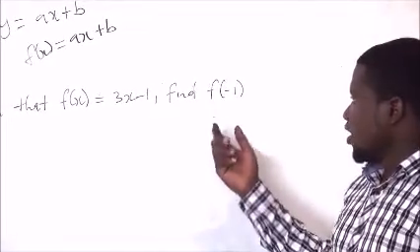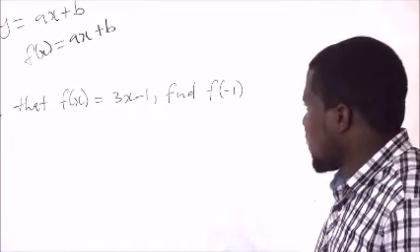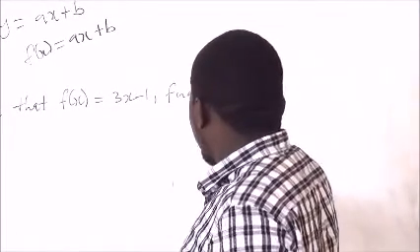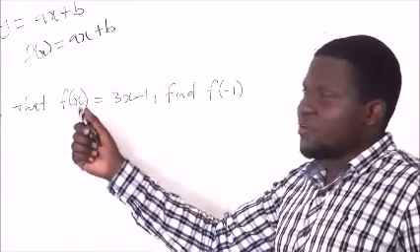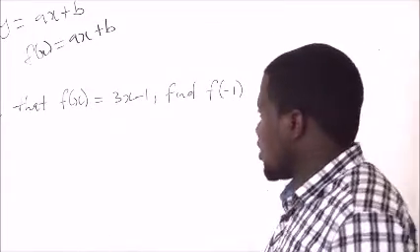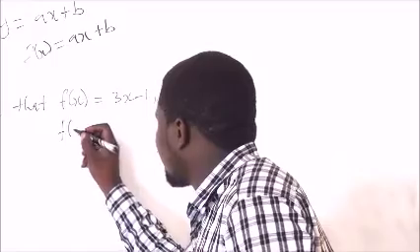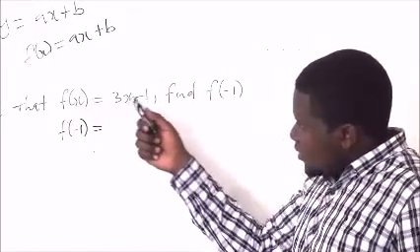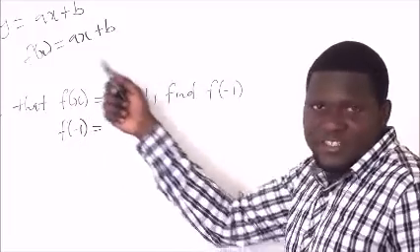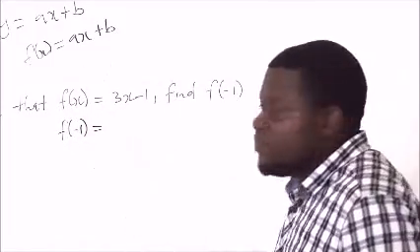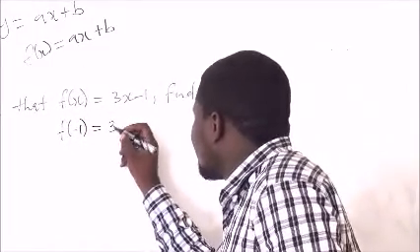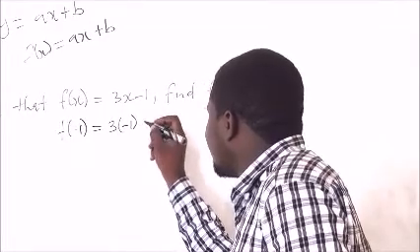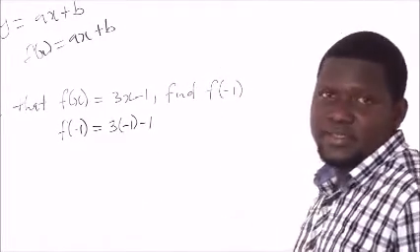So what you need to do is, this f of negative 1 represents the value of x. So we are going to say that f of negative 1 is equal to, meaning that wherever there is x in this linear function, whenever there is x, there is negative 1. This is what it means in mathematics.